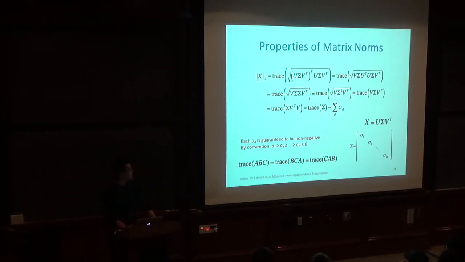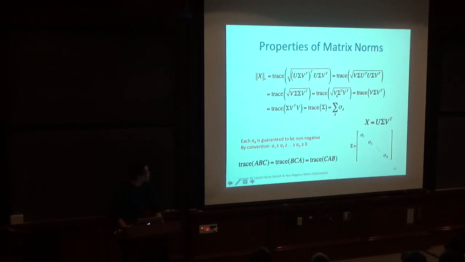For the trace norm, you can write it out as the trace of the square root of the matrix multiplied with itself. Again, we replace the matrix X with its singular value decomposition, and we get something that looks like this.